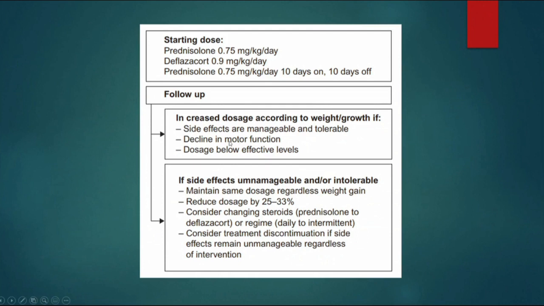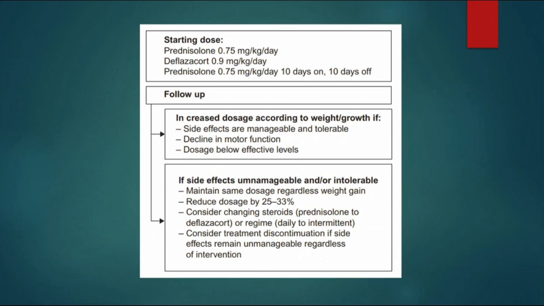If the patients are tolerating the medication and they still have decline in motor function and the dosage is below the effective levels, then we can increase the dose. If the side effects are unmanageable or intolerable, then we can do either of these. We can either leave the dose the same without increasing, so that the patient gains weight and outgrows the dose of the steroid, or we can reduce the dose by 1/4 to 1/3.